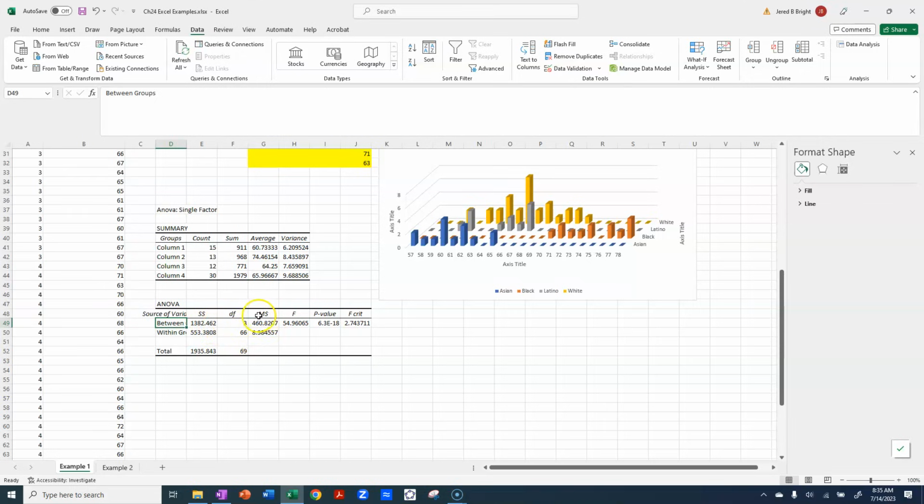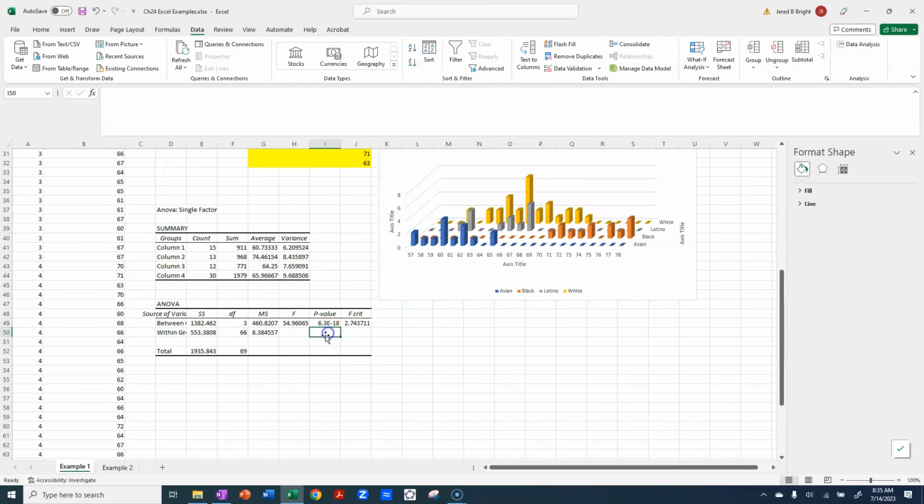Mean square. So this is mean square between groups, the MSG, and this is MSE. If you take MSG divided by MSE, you get our test statistic. That's our F test statistic.